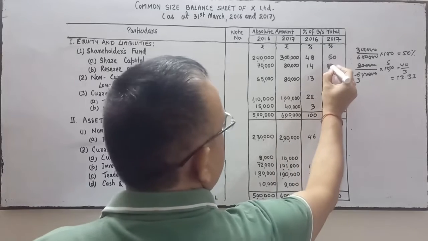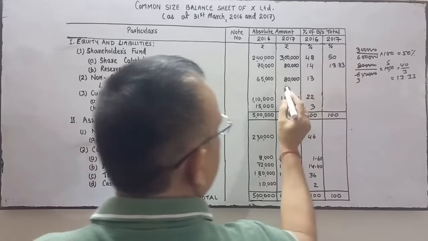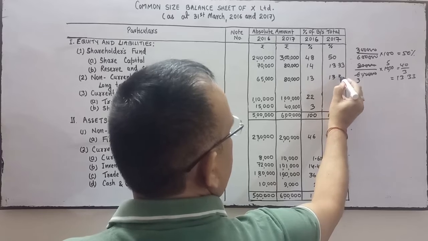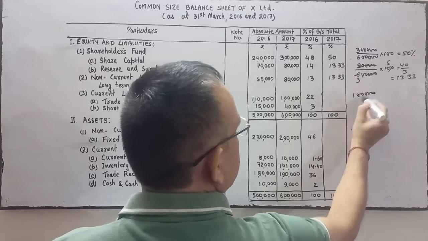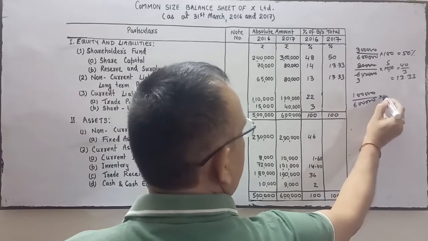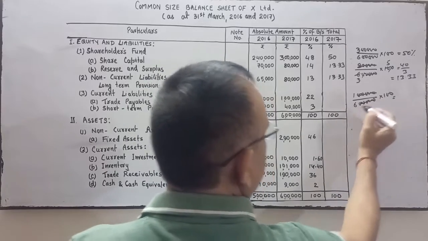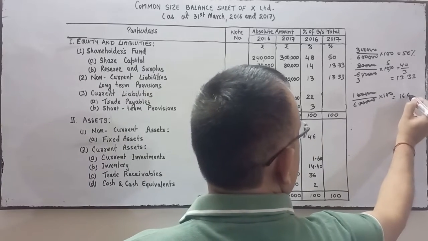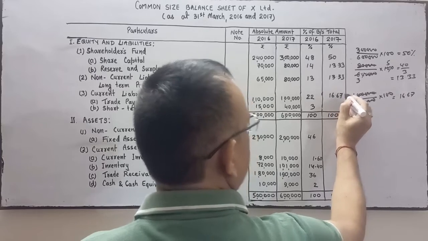Similarly, 1 lakh upon 6 lakhs, total equity and liability 6 lakhs into 100. So it is 16.67. Is it clear?